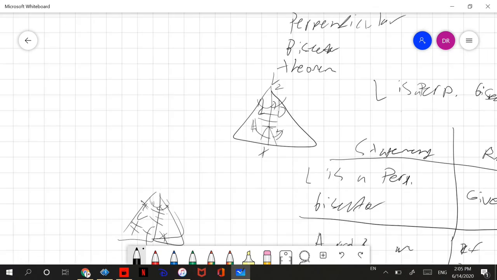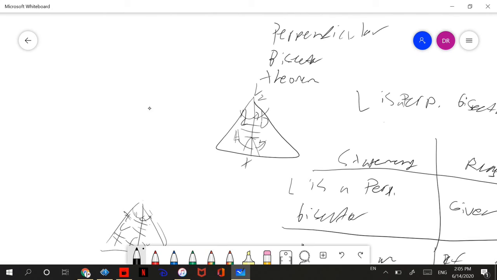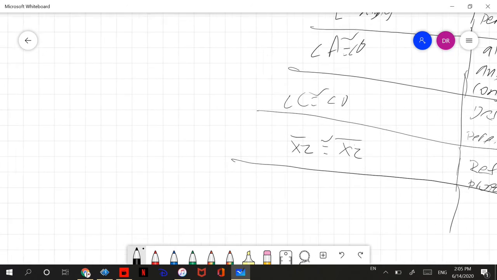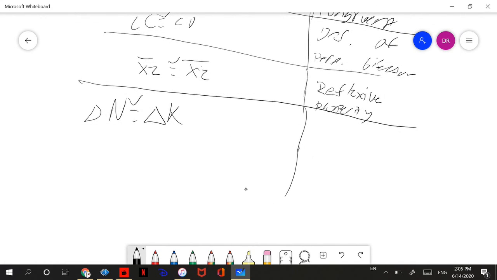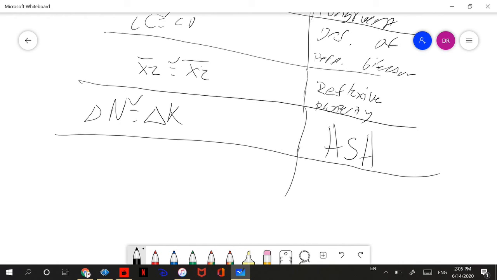So let's say these two triangles are triangle, I don't know, let's do triangle N, and triangle K. So triangle N, which is this triangle, and triangle K. So triangle N is congruent to triangle K. The reasoning behind that would be angle, side, angle, because there's one angle, a side in between, and another angle.